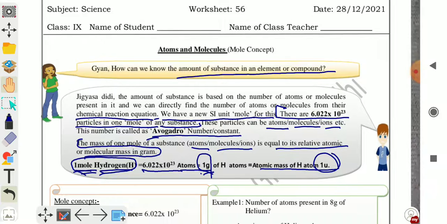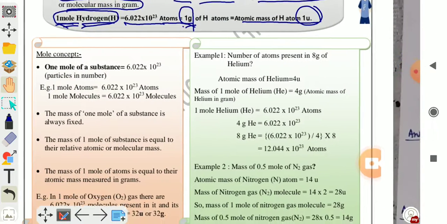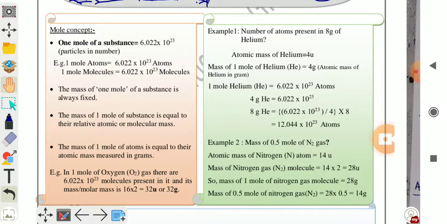Now we will discuss mole concept. What is the mole concept? 1 mole of a substance is equal to 6.022 into 10 raised to the power 23 particles. This number is fixed.